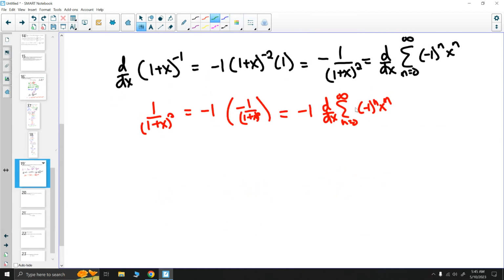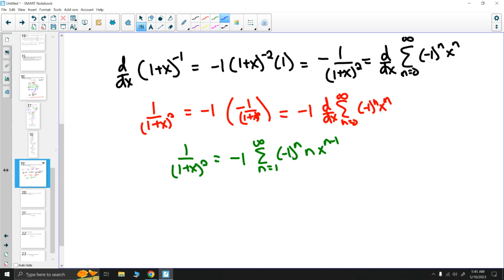So if we differentiate this thing, 1 over 1 plus x squared is going to be equal to negative 1 times the sum, n equals 1 now because it's a derivative. We're shifting it to the right, to infinity. Constant stays the same, negative 1 to the n. This would be n x to the n minus 1. So again, power rule, bring that power down.